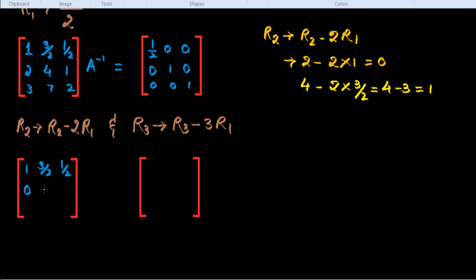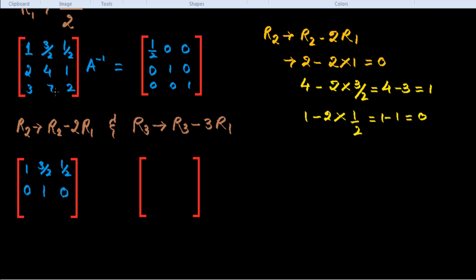So we get here 1 now. Now here it is 1. Just I change the color. It is 1 minus 2 into 1 by 2. It is 1 minus 1 would be 0. So it is 0 here.